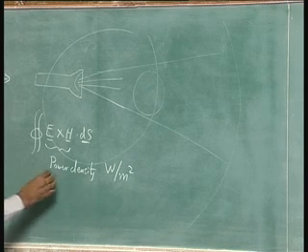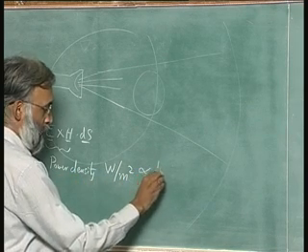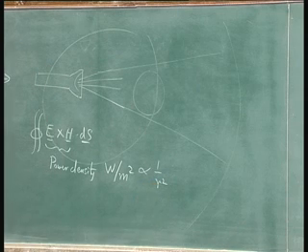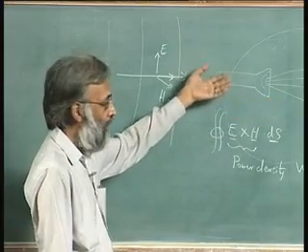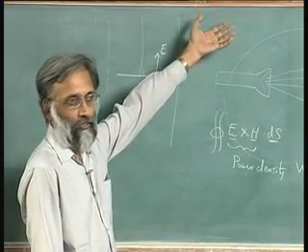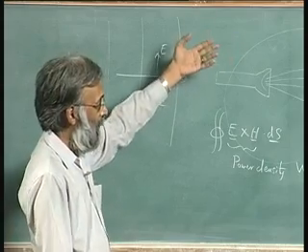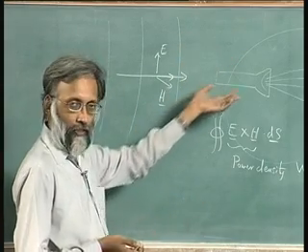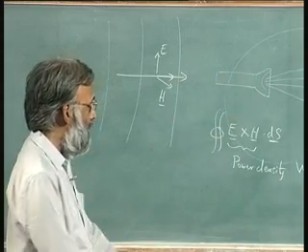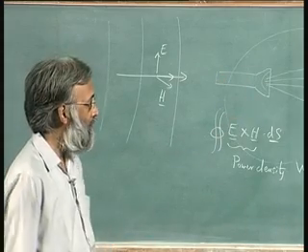So, power density is proportional to 1 over r square. That explains a lot of things. It explains why the sun is not brighter than it is, how light spreads out. It explains a great number of things, but it is an inconvenience.